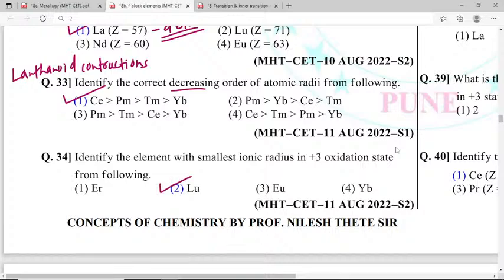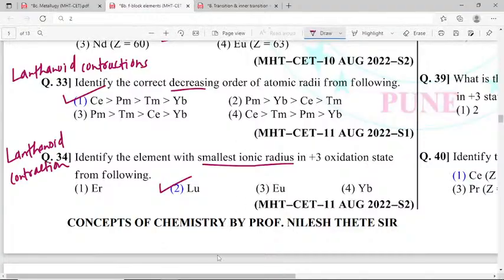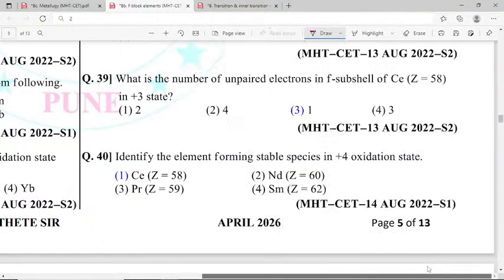Lutetium +3, smallest atomic radius. Again, this is lanthanoid contraction. Due to lanthanoid contraction, left to right atomic size goes on decreasing.